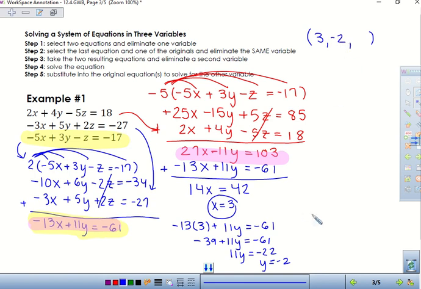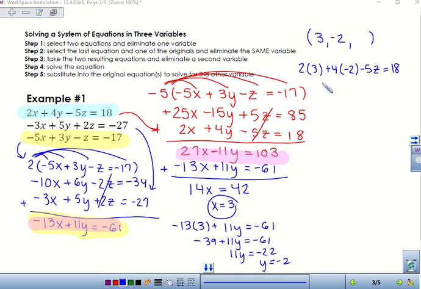Now that we have two variables of our 3x3 system, we can go back and pick one of the original equations and plug in for x and y, which will yield the third missing variable. So this is going to be 2 times 3 plus 4 times negative 2 minus 5z equals 18. You could have picked any of the three originals, your choice.